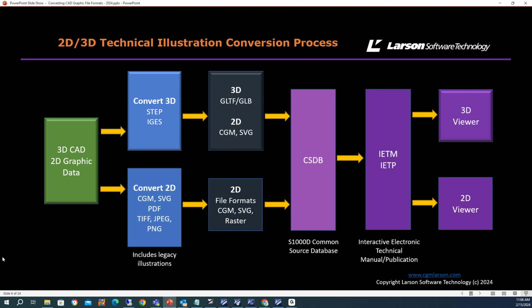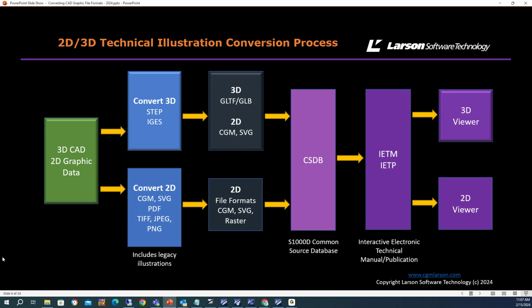The other step from 3D would be to go to 2D: remove the hidden lines, create a traditional black and white illustration, and add annotations to that, as CGM or SVG files. Or in the lower part, we convert a 2D file from, say, CGM to SVG for displaying an item as well. Or you might want to take a TIFF file, a raster file, and convert that to CGM or SVG or PDF. So there are various scenarios, and we'll look at and demonstrate those during the webinar.